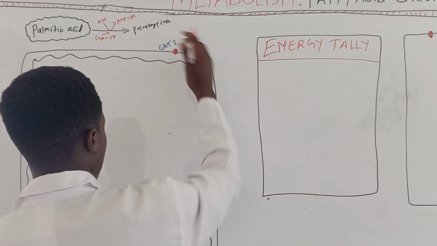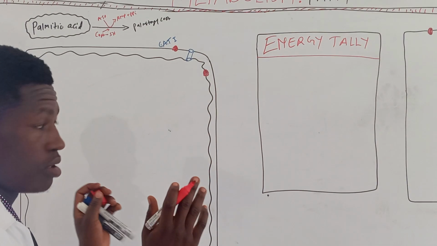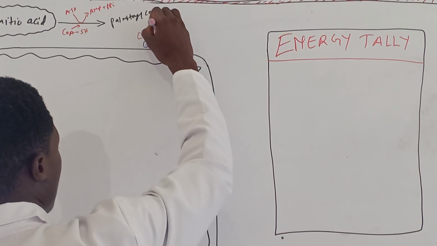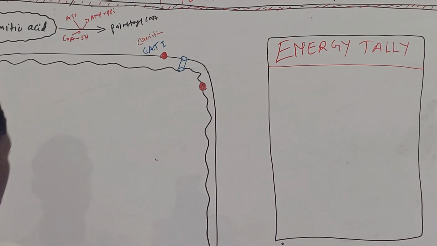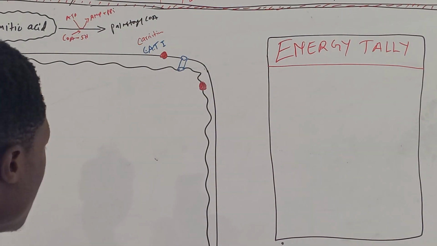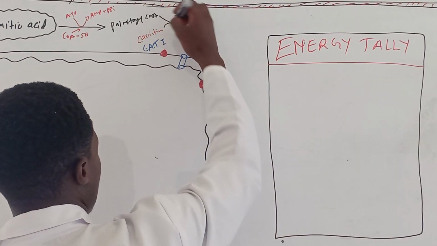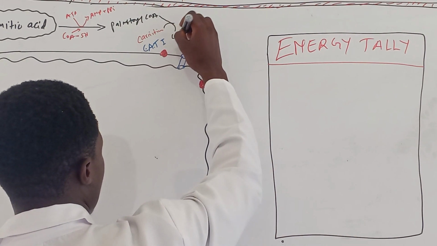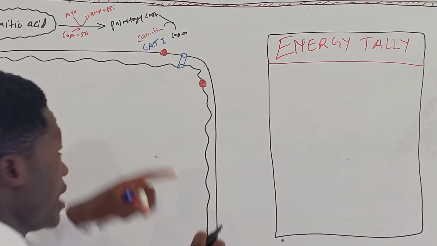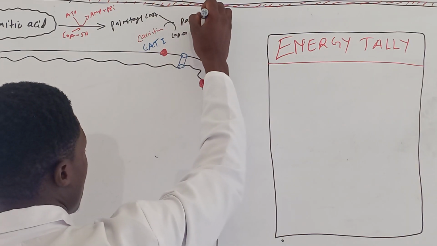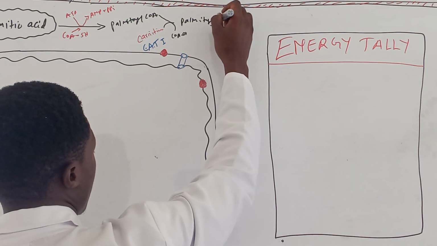Inside the cytosol, there is a molecule called carnitine. So this enzyme is going to replace the CoA with the carnitine. We get rid of the CoA, then add a carnitine to the palmitoyl, so that you have palmitoyl carnitine.